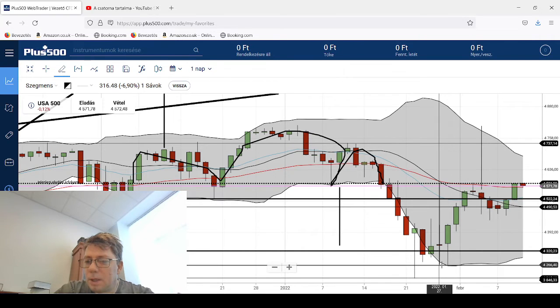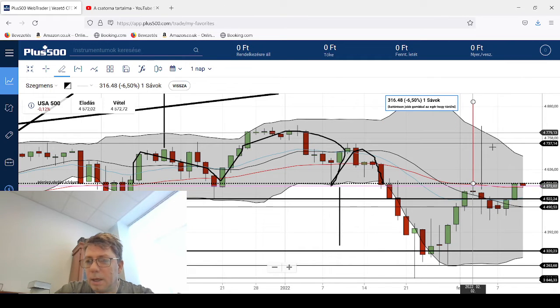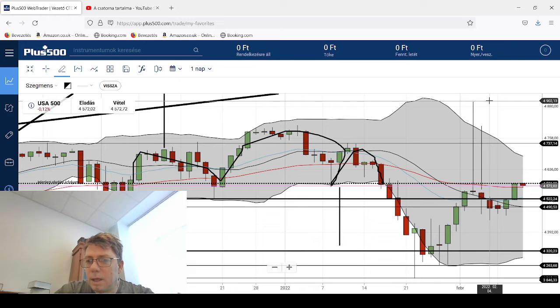Okay, well, let me just say this is the end, and then put it here on my neckline. In this case, I have a new all-time high price target, 4,900.